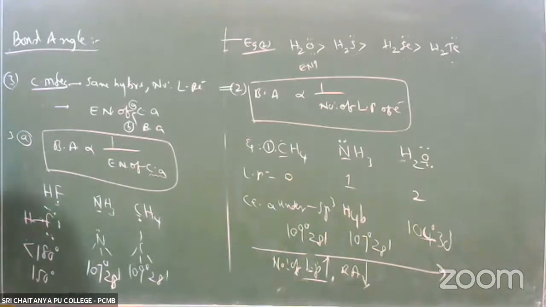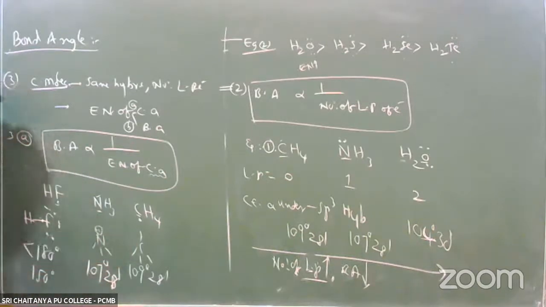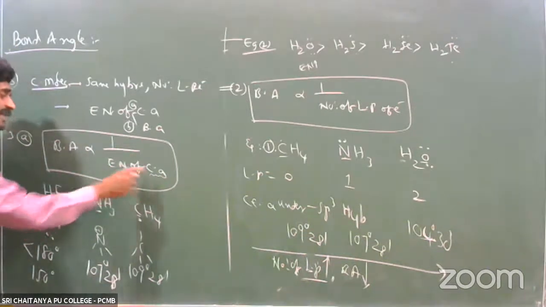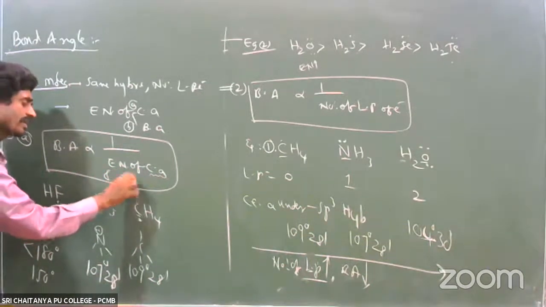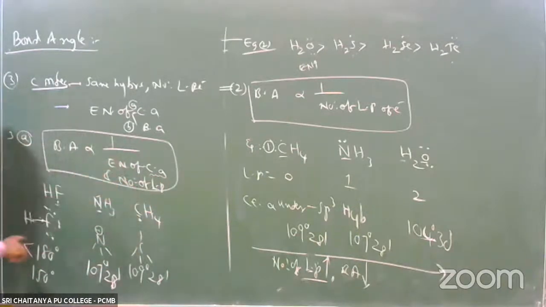But the main thing here is the number of lone pairs: here one lone pair, here two lone pairs. So this is a combined effect of electronegativity and the number of lone pairs of electrons. These two combined effects decide the bond angle of these molecules.